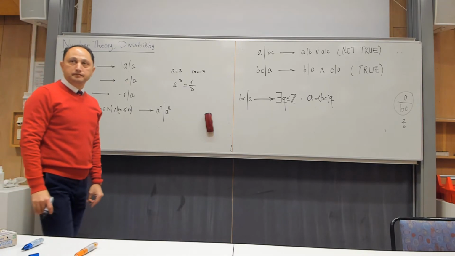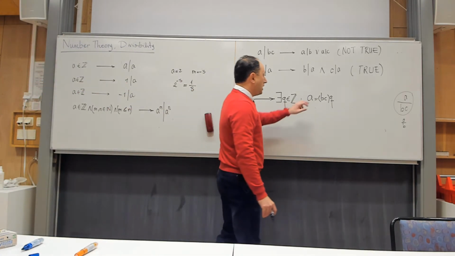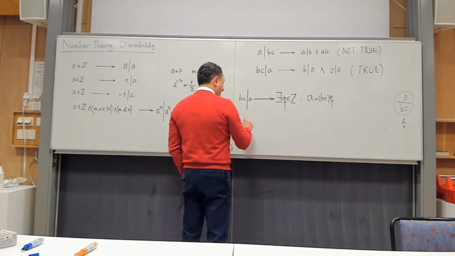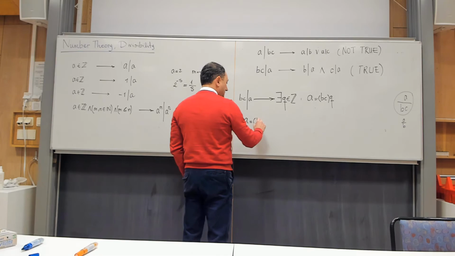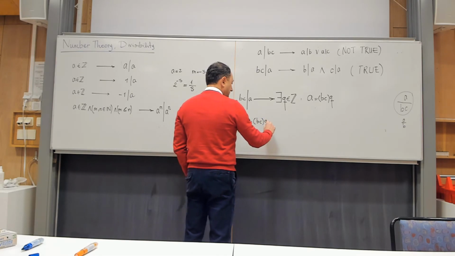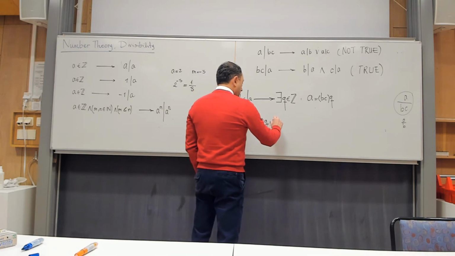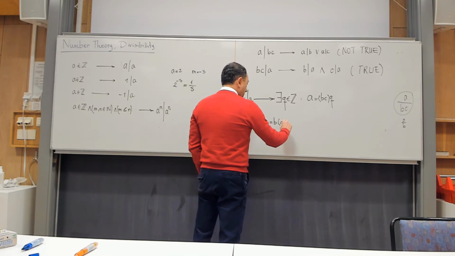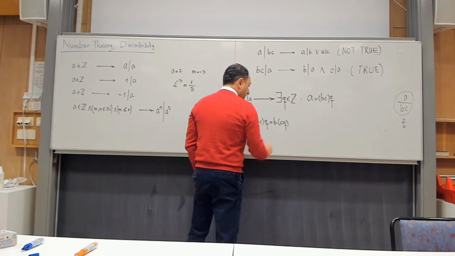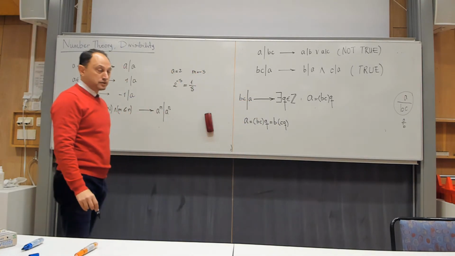Yes or no? Okay, now how can I view this problem? I can say that now I am sure that A is equal to BC times Q. But we know that I can write it as B times CQ. By the way, this is important to be able to write these proofs, yes?